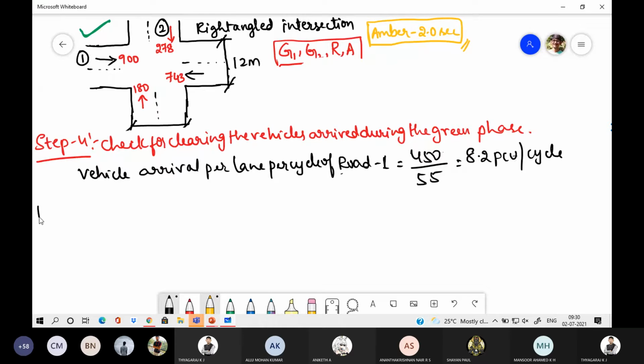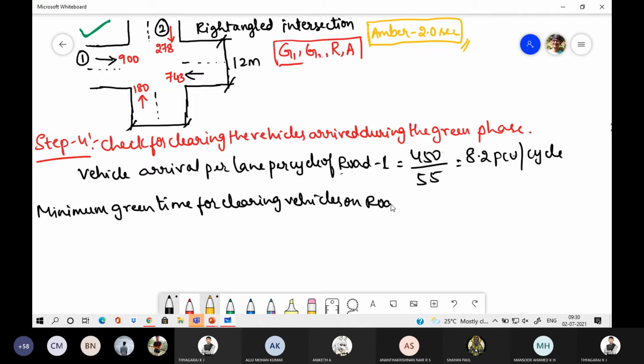Then minimum green time for clearing vehicles on road 1. Okay, this is very important. So 6, this is the standard formula we are going to consider.